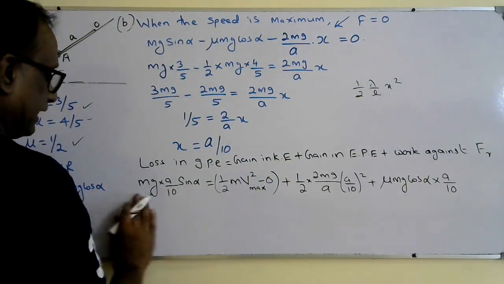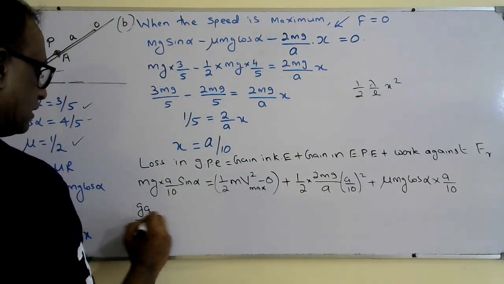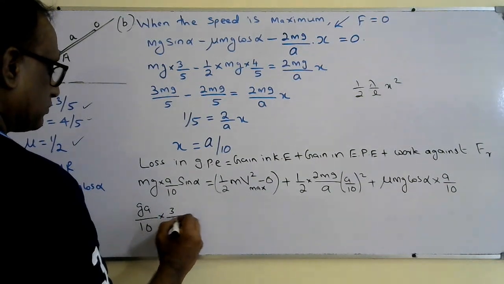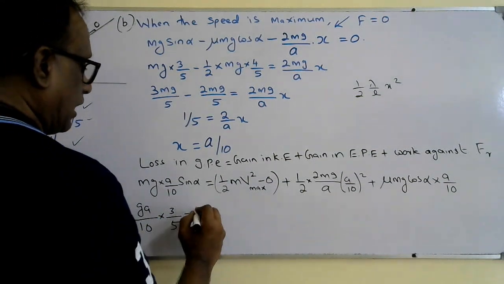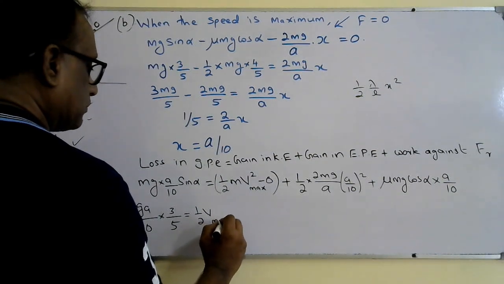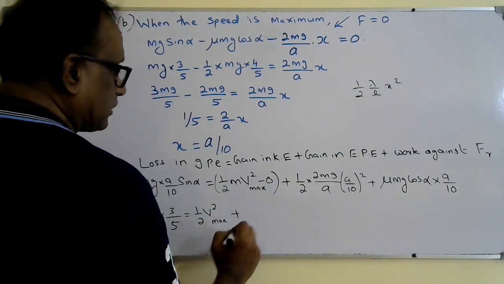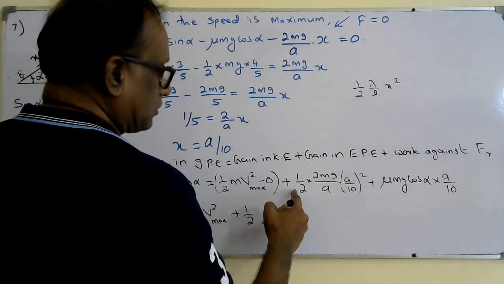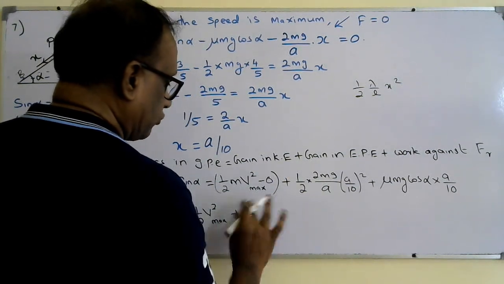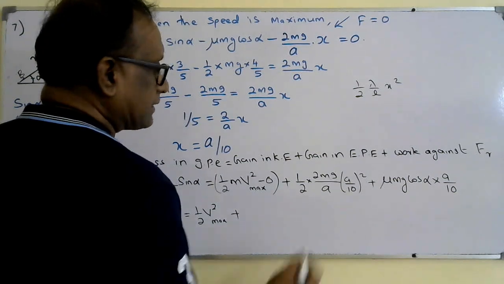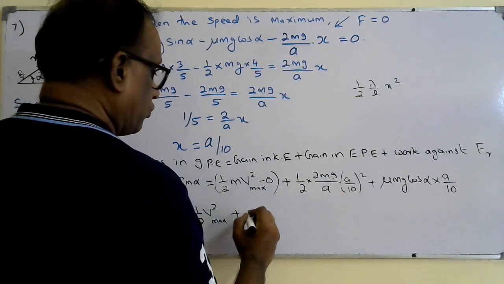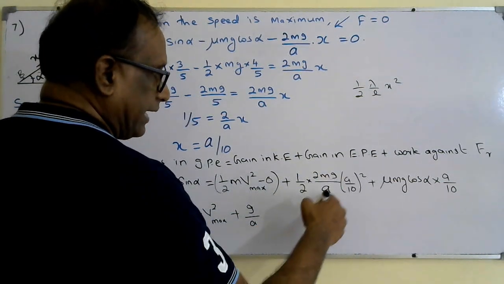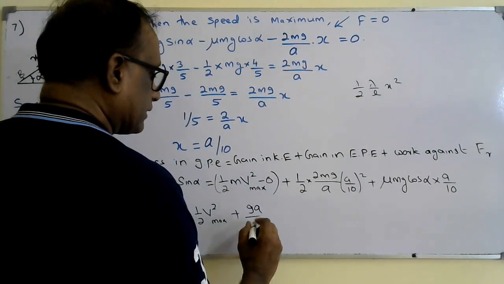So if I cancel m, it will become gA over 10 sine alpha, 3 by 5, equal to half v max squared, minus 0 we don't need to put, plus half, m got cancelled. This 2 and this 2 will get cancelled, so the half won't be there. So g over A times A squared over 100, A squared over A, it will become gA over 100.